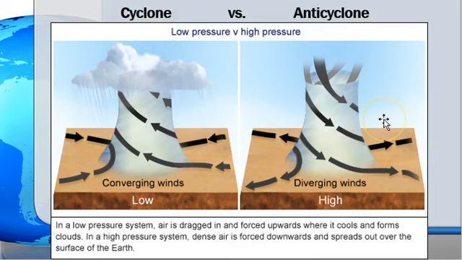High pressure is the opposite. So high pressure, you have your cold molecules and they're sinking downwards. And as they sink down, they push down. And this is going to cause winds to split apart and go in different directions as that spiral comes down and meets the earth. So part of the reason why this is going to be important is in a second we're going to talk about different types of circulation cells.